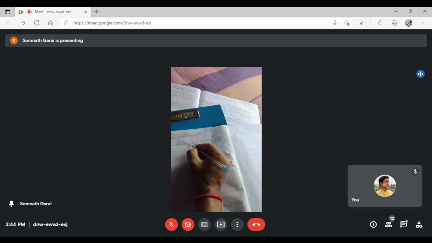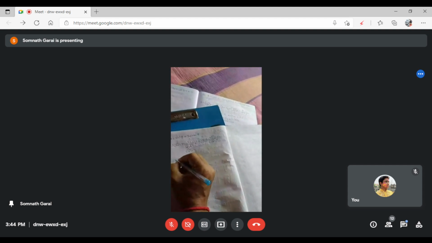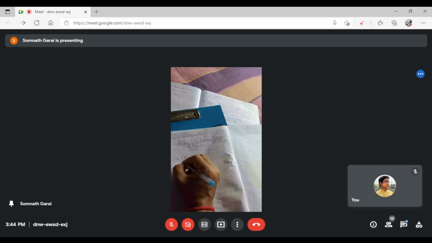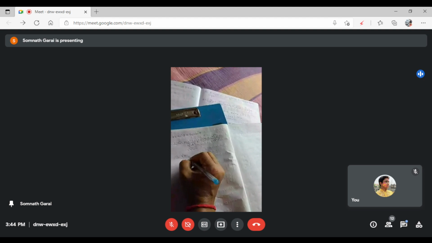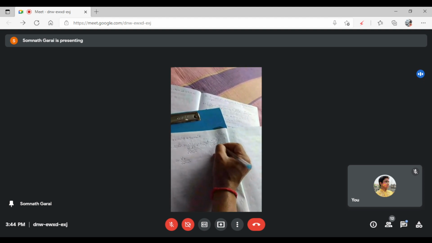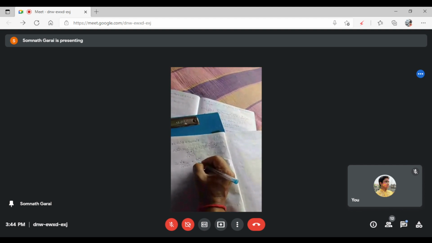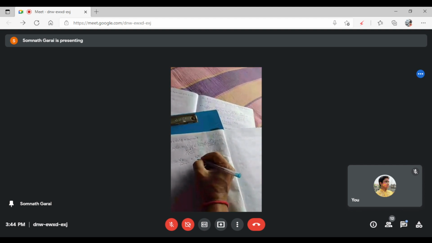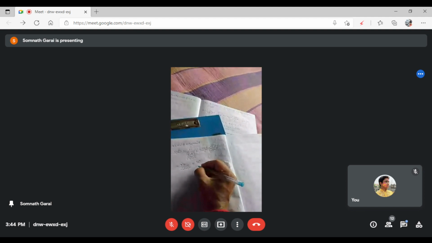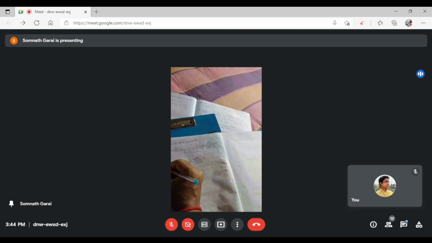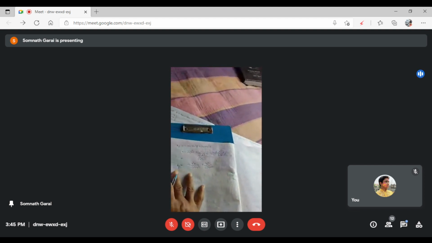Then it will be cut down, root over x square plus y square. So minus y square z divided by root over x square plus y square. Again it will be cut down, plus 3x square by root over x square plus y square. That is ay. Okay, got my point? That is ay.